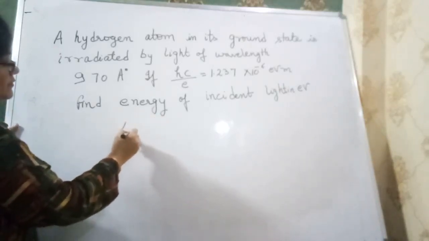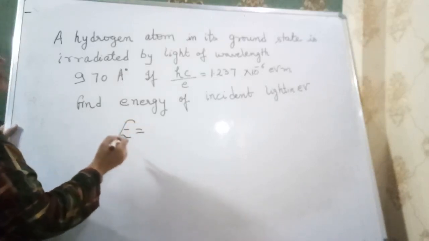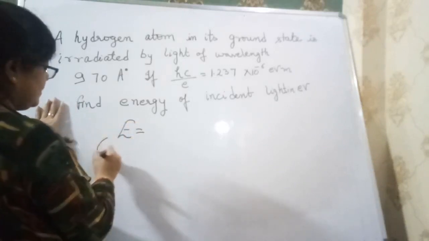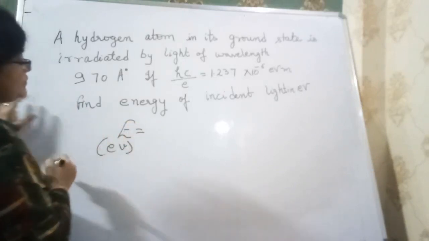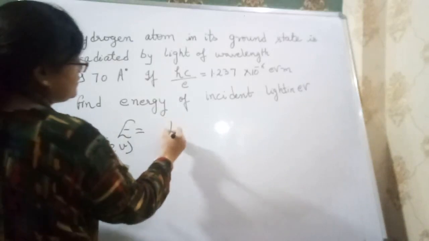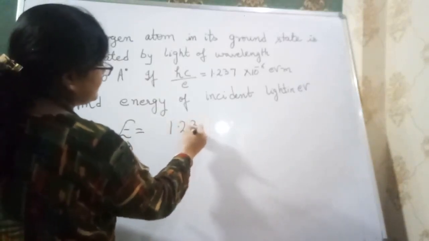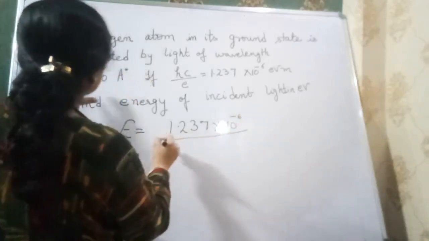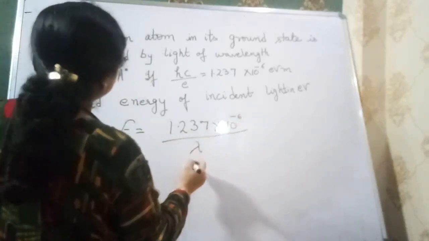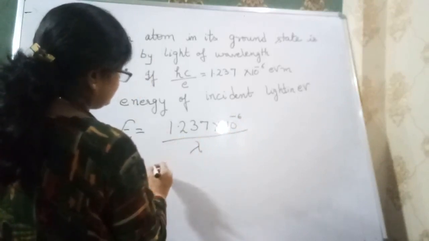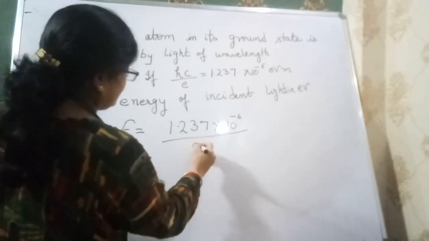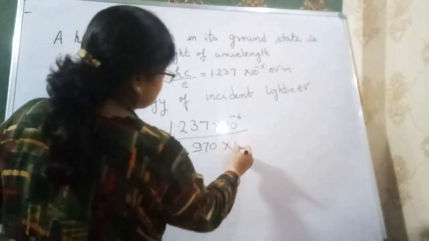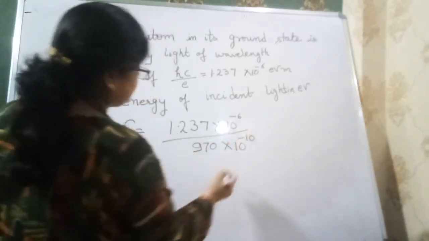Just remember, when we have to find the energy in electron volt, we simply divide by the wavelength. That means we have here 970, but it is in angstrom, that means 10 to the power minus 10 meter.